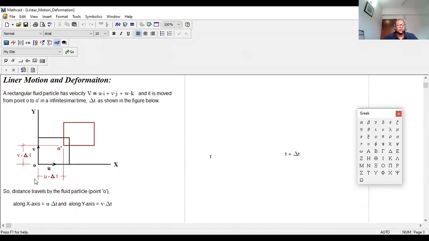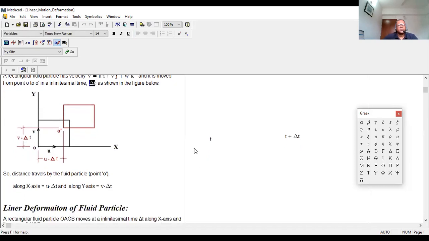Okay, so the fluid element is the black one. O is the left corner, and it has four sides, right? And this fluid element has a velocity at point O, u v w, and it is moved from point O to O prime, with a small time dt, but the shape is not changing.